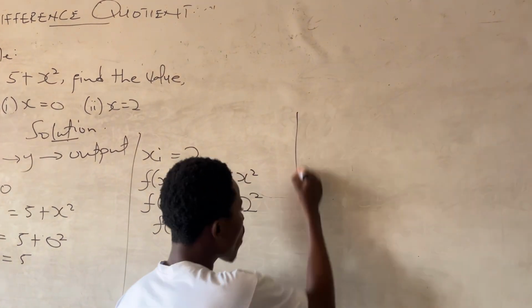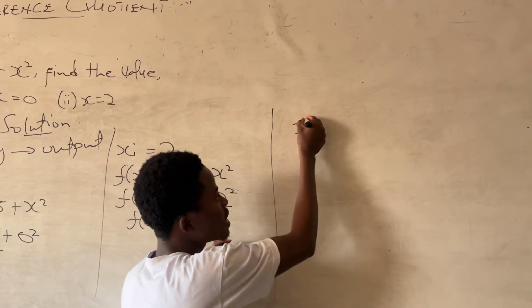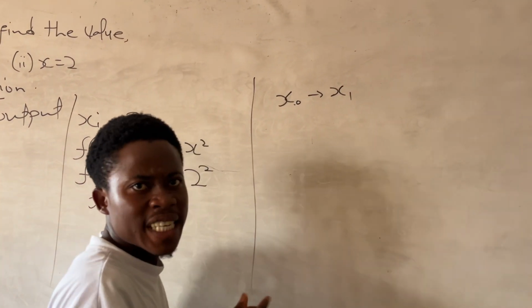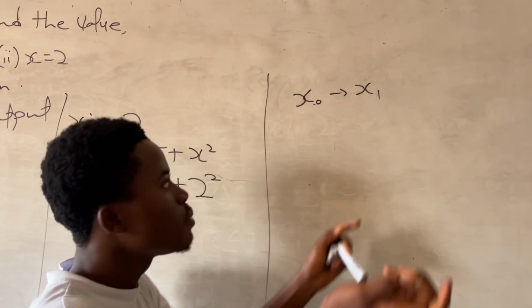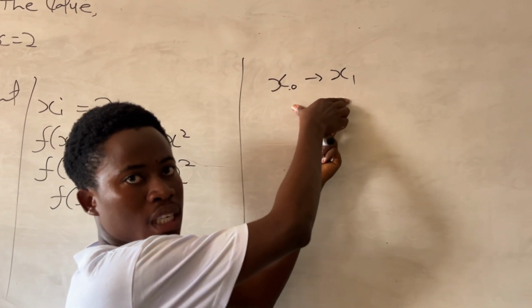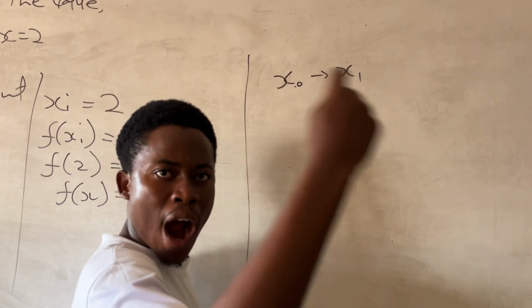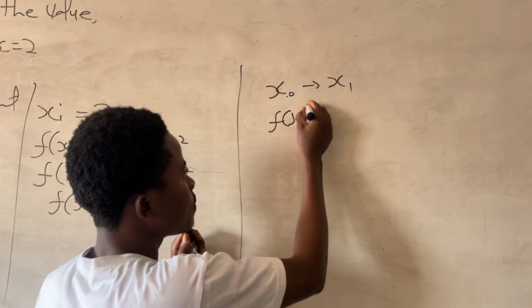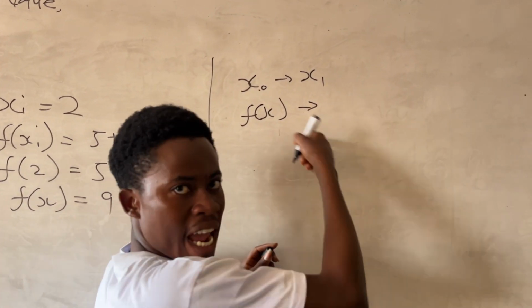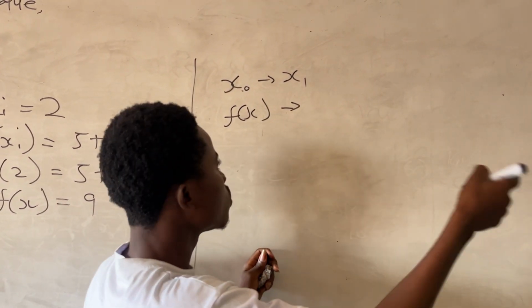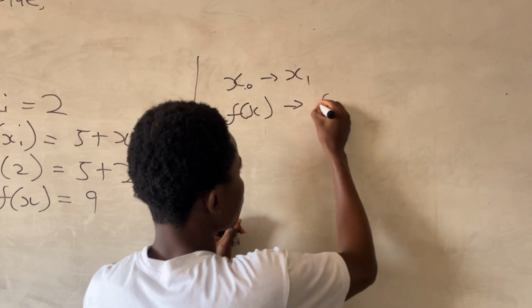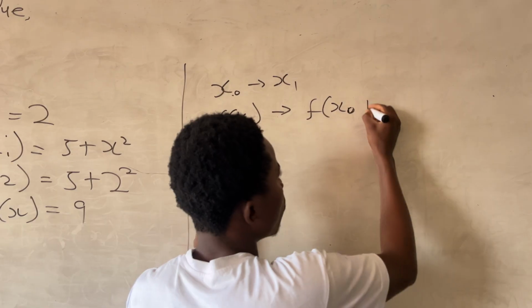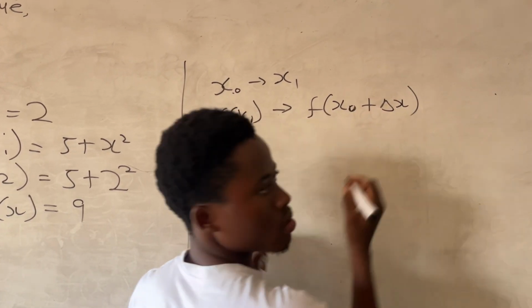So you can see that when x changes to a new value, x1, since our output is based on the input, our output should also change from f of x to a new output, which is f of x naught plus the change in x.